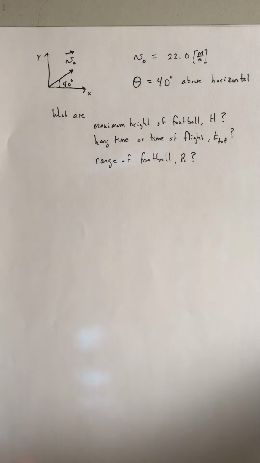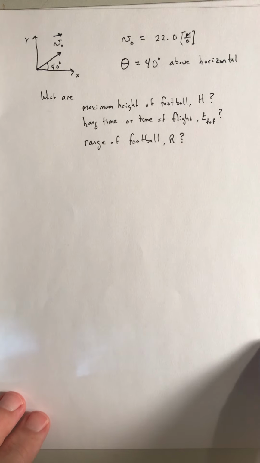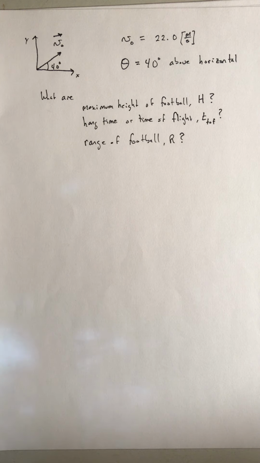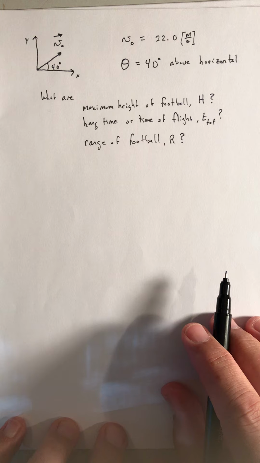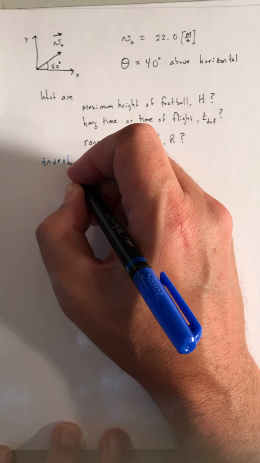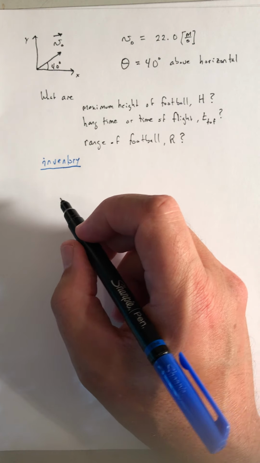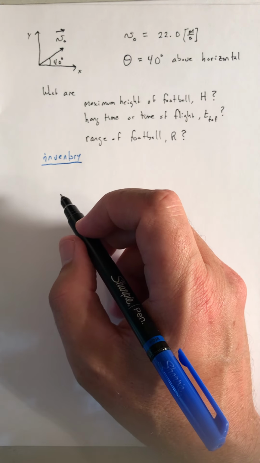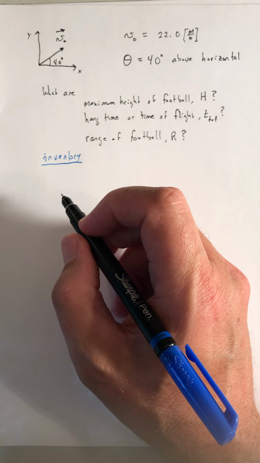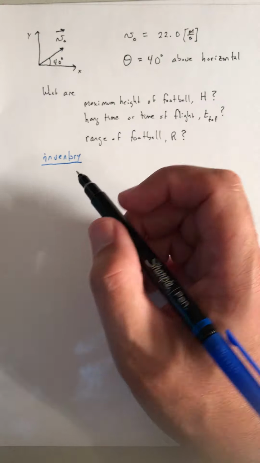We'll start off by filling in our inventory for what things we know, what things we don't know. And it's going to be a more lengthy list because we have both the x direction and the y direction.